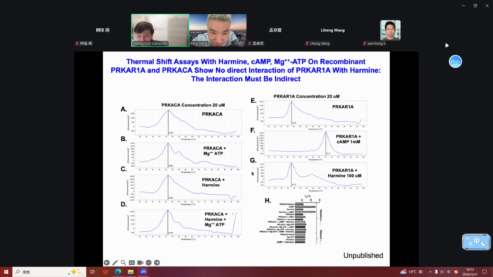Does Hamming show any long-lasting glucose lowering effect after drug withdrawal? Let me think. Actually, we did not do that. I don't think we withdrew the Hamming. We collect the grafts while we stop the Hamming treatment.